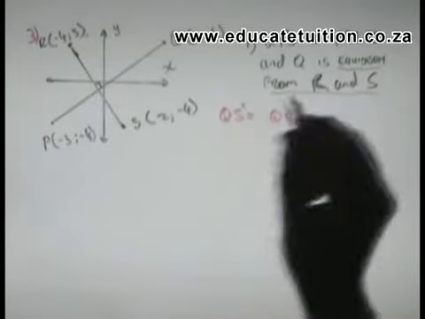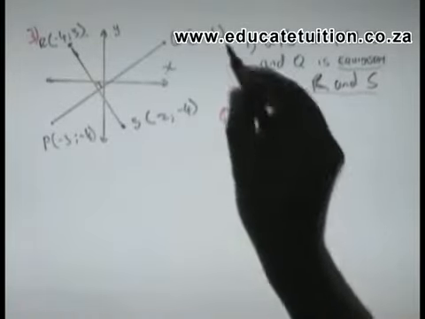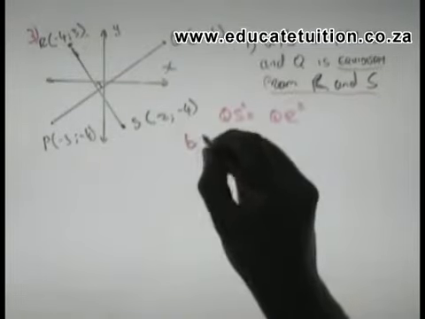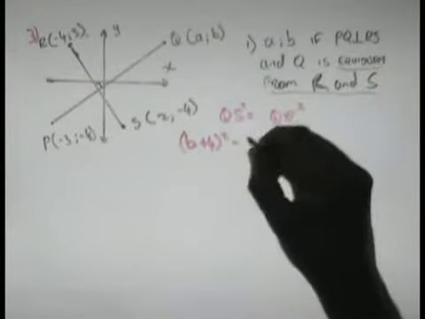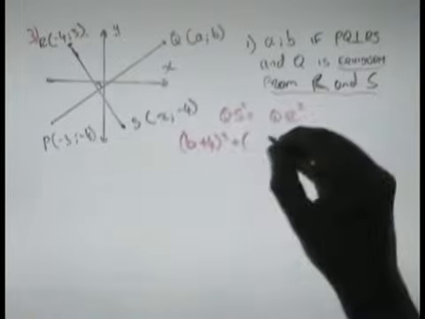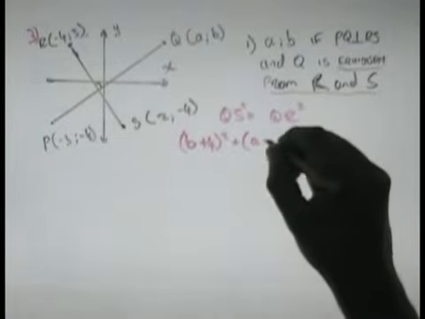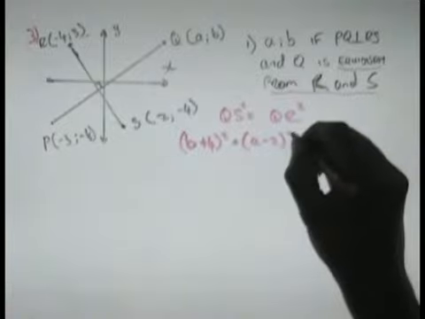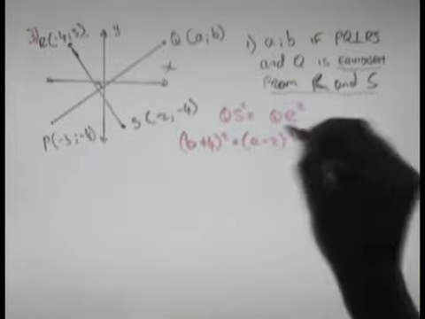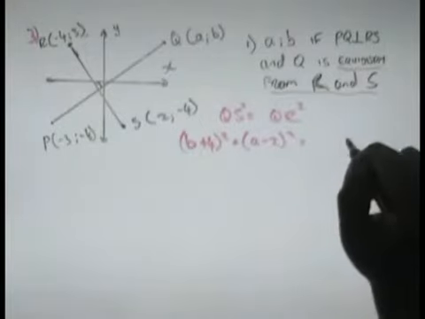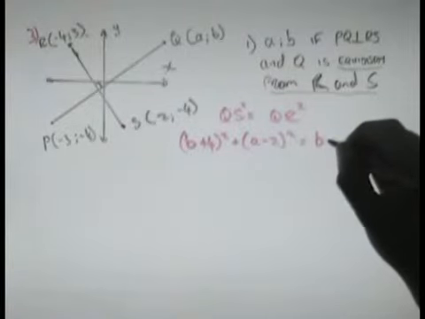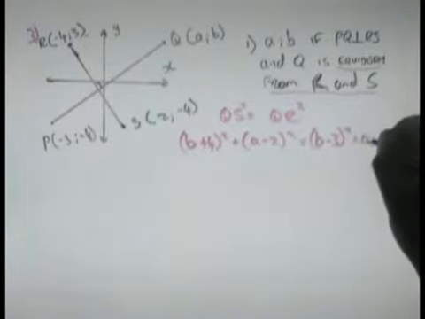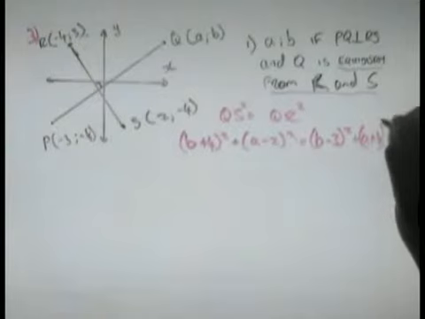QS squared, remember using the distance formula, is going to be y2 minus y1, which is b minus minus 4, or b plus 4 squared, plus x2 minus x1, which is going to be a minus 2 squared, and that should be in the square root, but remember we're squaring it to get rid of the square root. Similarly with QR, we're going to have b minus 3 squared plus a plus 4 squared.